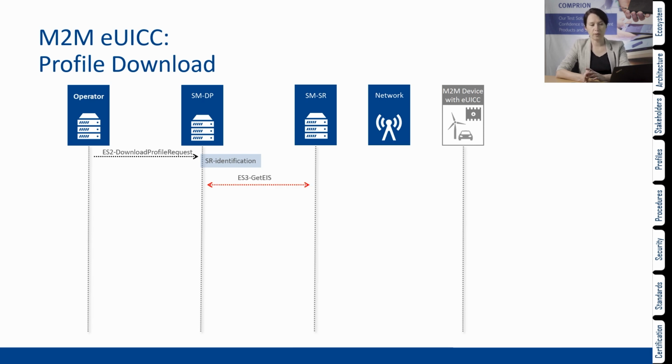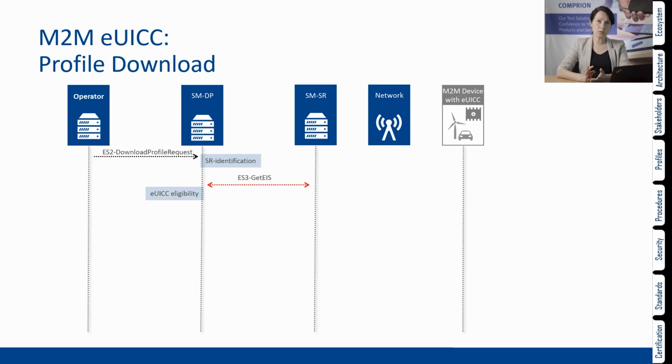In the next step, the get eUICC information set from this specific SM-SR will be performed, and the red line means that there might be some mutual authentication between the SM-DP and SM-SR if it has not been performed before.